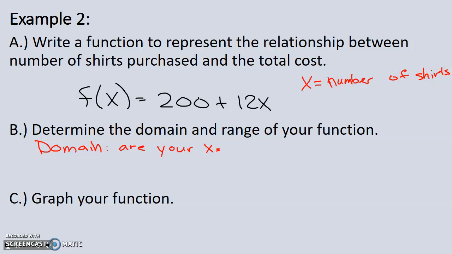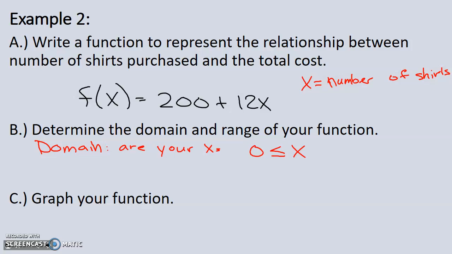Well, is there a limit to how many shirts the club or the team could buy? It doesn't say anything about being only 50 people in the group or 60 people in the group. It doesn't tell you where that cutoff is, unlike the computer one. So for your domain, you could order 0 shirts and still have to pay the 200, or you could buy 1 shirt, 2 shirts, 5 shirts, 50 shirts, 60 shirts, and so on.